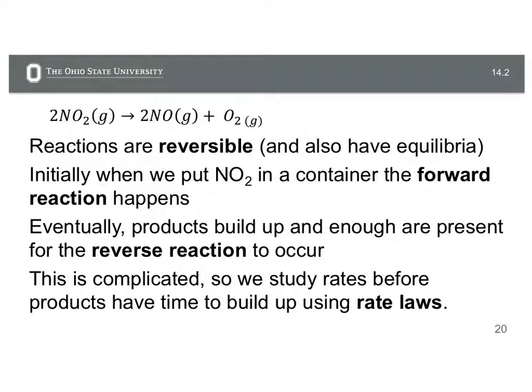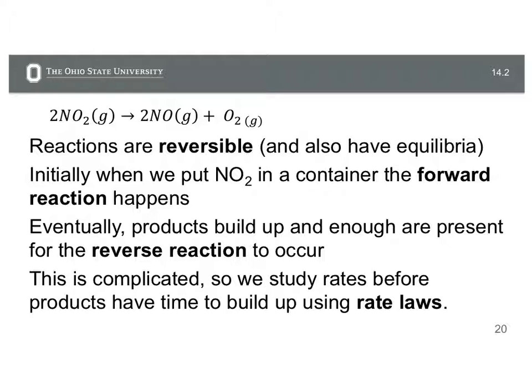Initially, when we put reactants in a vessel, all of it is only going to be reactant, and so the reactant is going to form product. Eventually, enough product is going to build up where the reverse reaction occurs, and that's where it gets really hard to measure a rate.